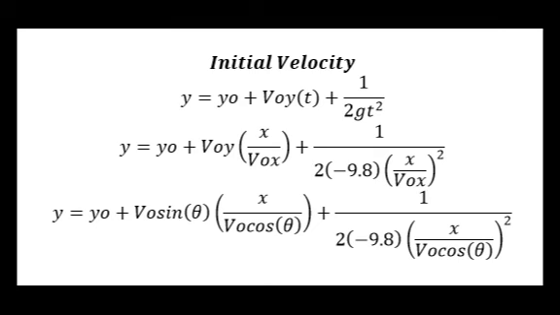Now, y is equal to the initial position in y plus the initial velocity of y multiplied by time plus 1/2 g t squared. g stands for gravity, and as we all know, the accepted value for gravity on Earth is negative 9.8. The initial y position is equal to the height at which the ball is released.